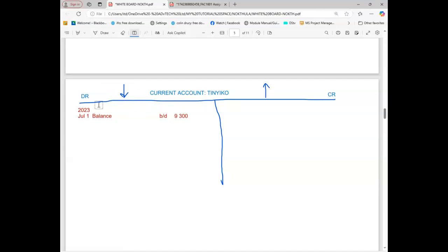Yes, because it is on the debit side. Can you see the importance of knowing that? So it means Dinico started with a negative balance. So meaning whatever we're going to give Dinico in future is going to be reduced by this. It's like you are having a negative bank balance in a way, but it's not bank. I'm just giving an example.